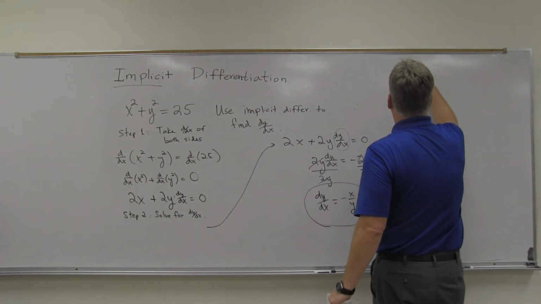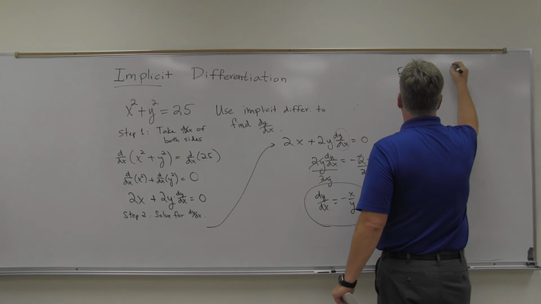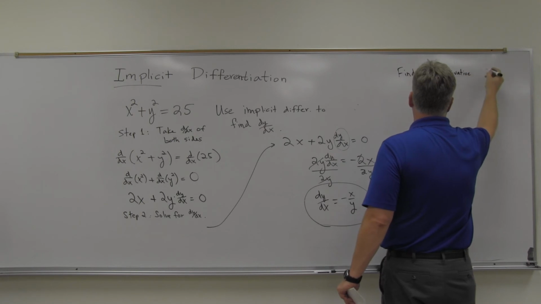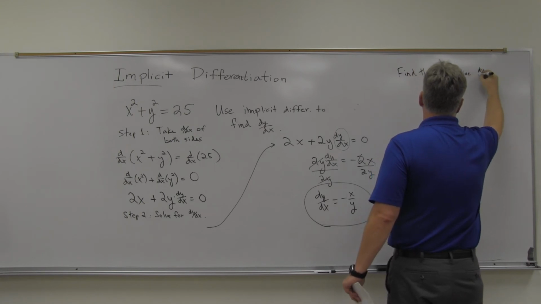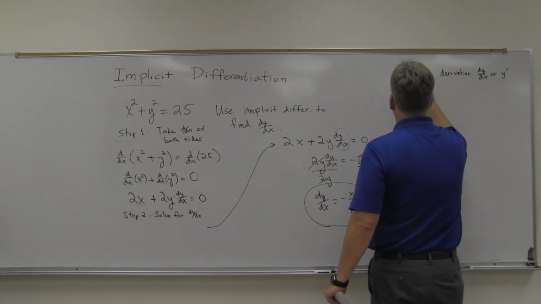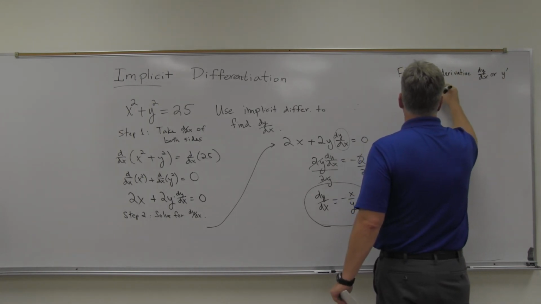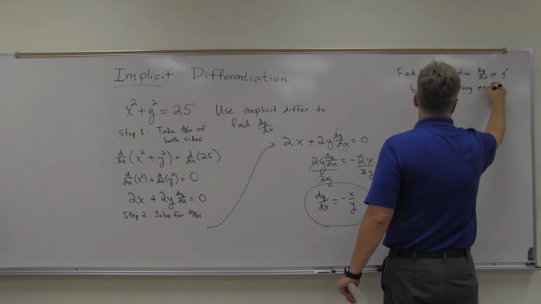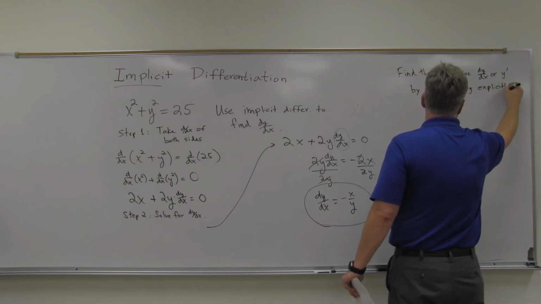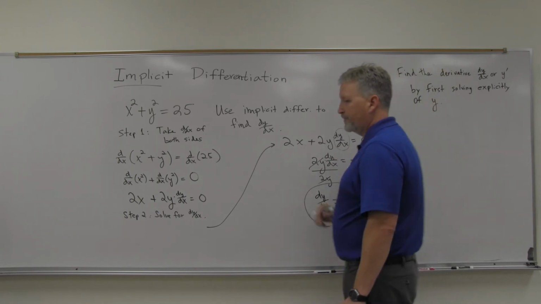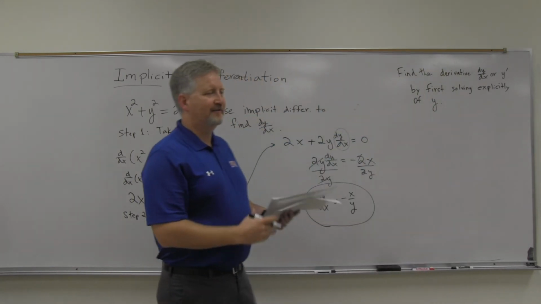Let's find the derivative dy over dx or y prime by first solving explicitly for y. So in other words, do it the old way.